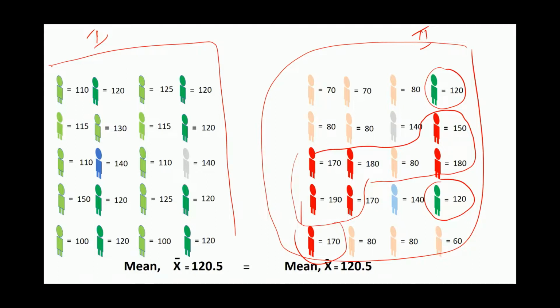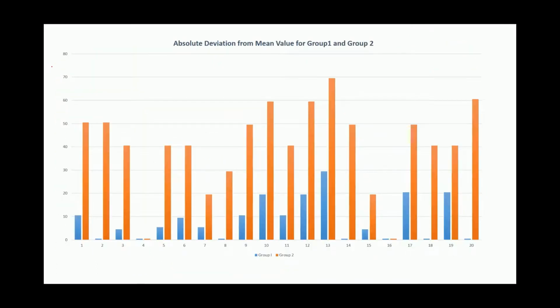We need to calculate the average deviation of each value from the mean for the entire sample population. When I plot the average deviation, we can see that this blue line is almost at this level. For group 2, the deviation is more, but the mean is the same.